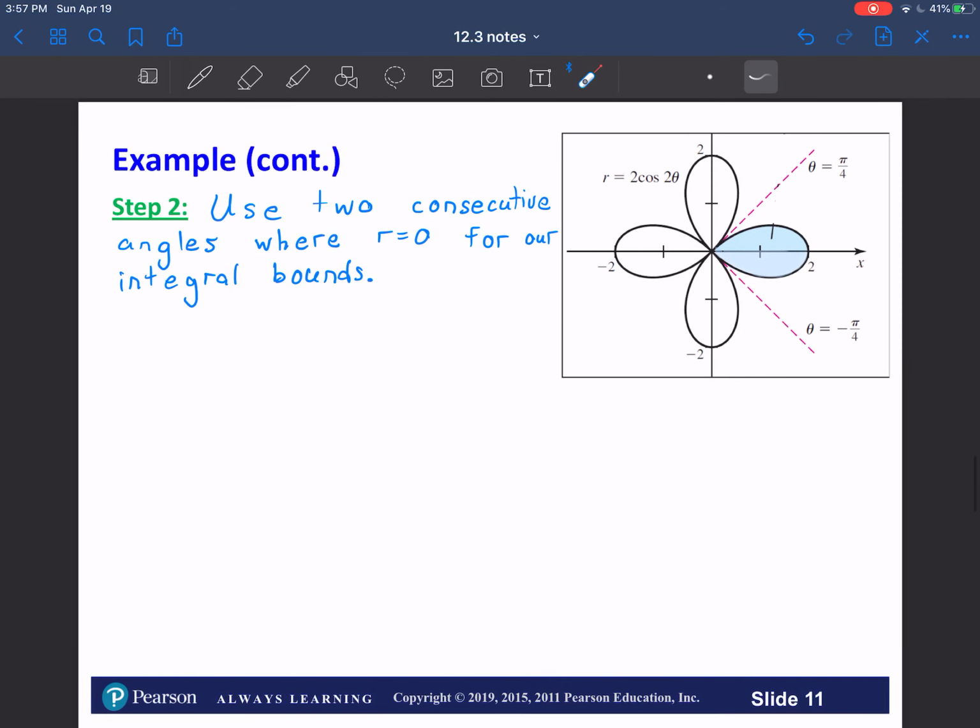So, for example, you could use negative pi over 4 to positive pi over 4, or you could use pi over 4 to 3 pi over 4, or any other choice that you wanted.